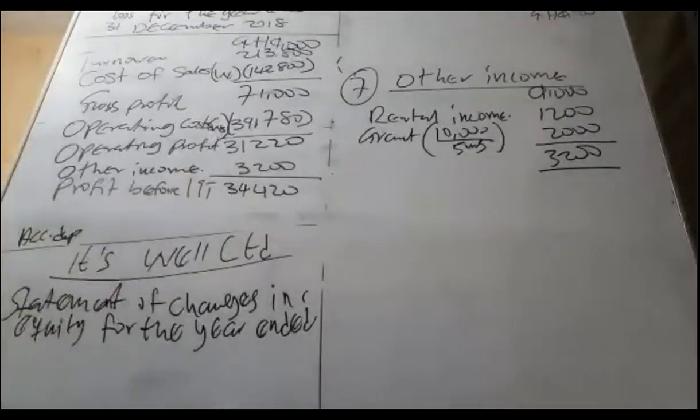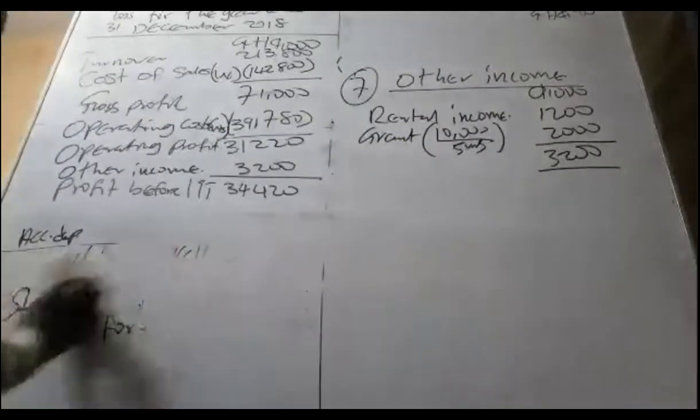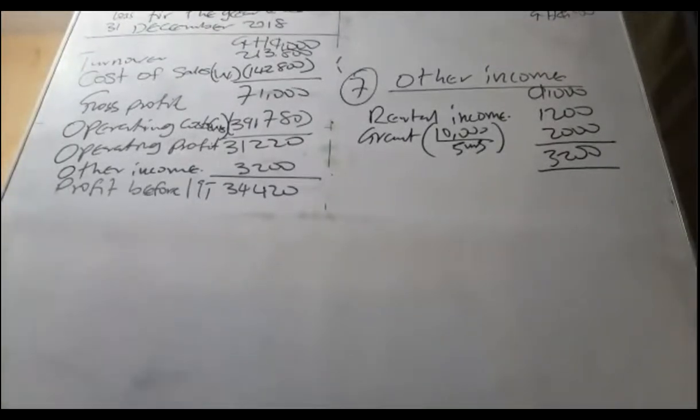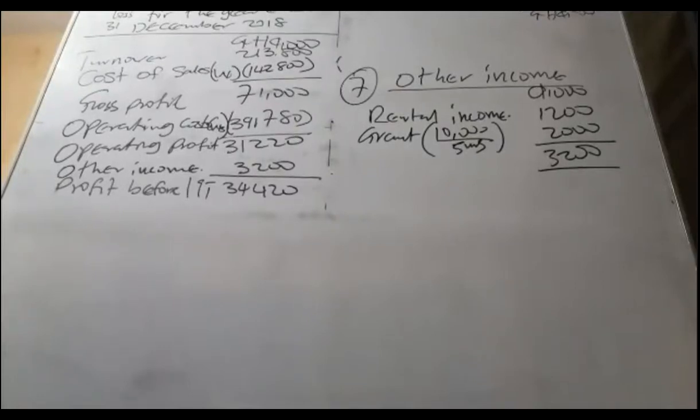So 34,100. 404.20. 34,420. That is it. That's the profit before interest and tax.